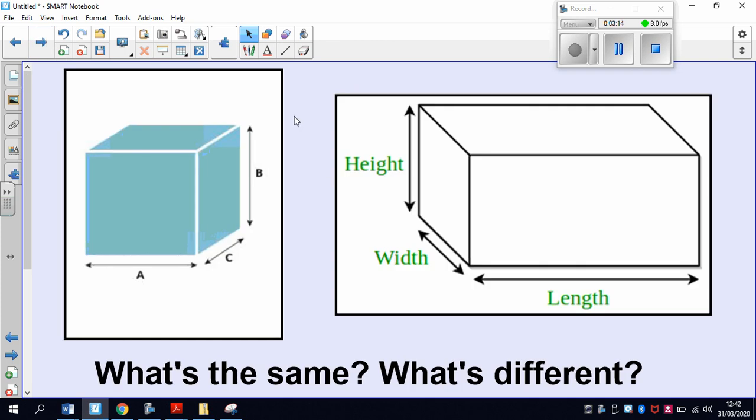Let's think about now what's the same and what's different between these two shapes. So we recognize that this is the cube and this is a cuboid. What's the same, what's different? As I mentioned before, a cube has 1, 2, 3, 4, 5, 6, 7 and an 8th vertex. Okay, it's got 8 vertices altogether.